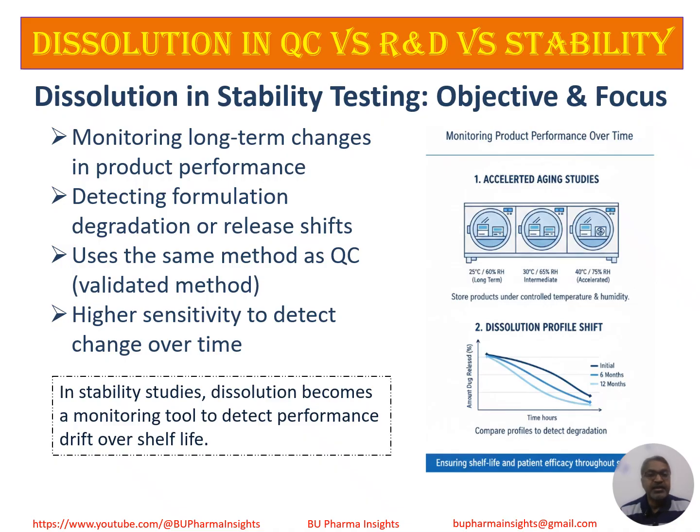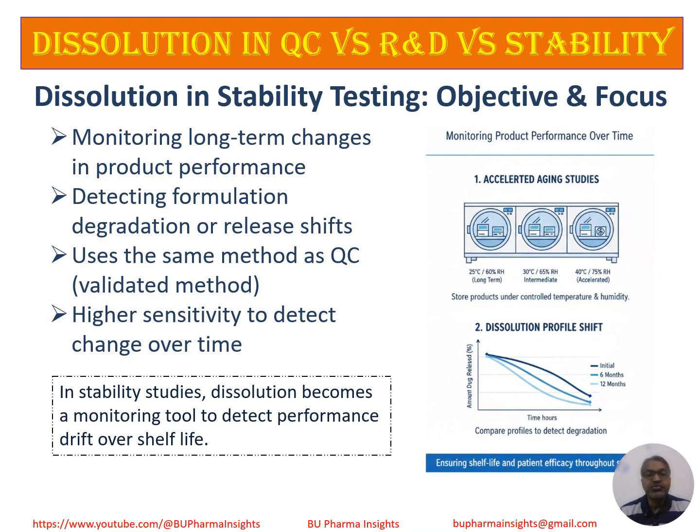In stability studies, dissolution shifts from a release test to a monitoring tool. The same validated QC method is used, but the expectations change. Here, we closely trend the dissolution profile over time to detect performance drift across the shelf life. Stability dissolution helps identify changes in tablet hardness, polymorphic transformations, moisture uptake, excipient degradation, and gradual shifts in drug release behavior.